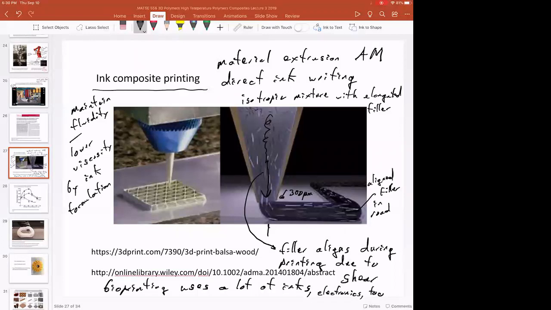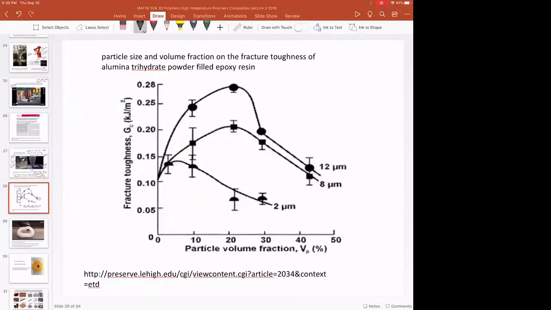So when we make a composite, there are reasons that people make the composites that they make, whether it's for cost or properties or something else.